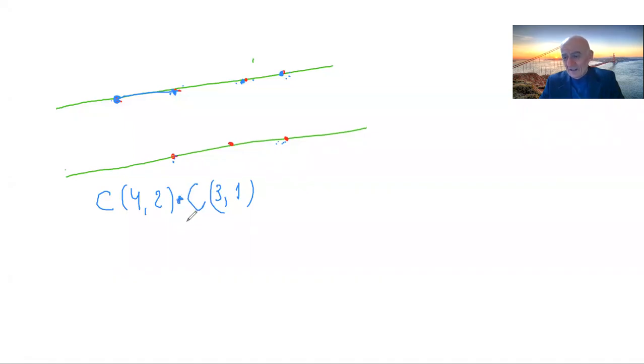But we just missed something. This is only the case when in this line A we choose 2 points and 1 point we choose in the line B. But also we can choose 2 points in line B and 1 point in line A. So we missed this case, and this case will be C32 times C41.